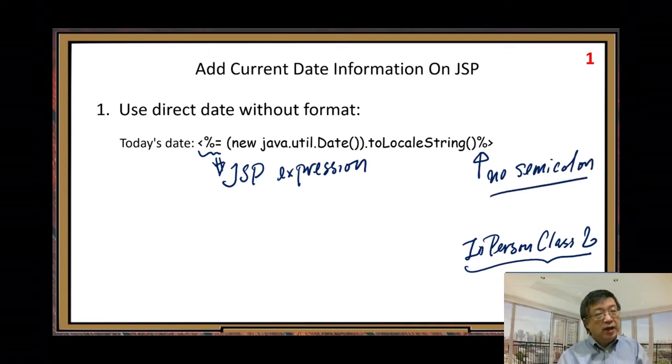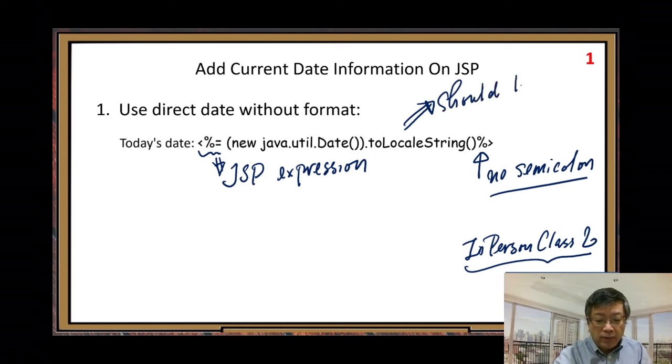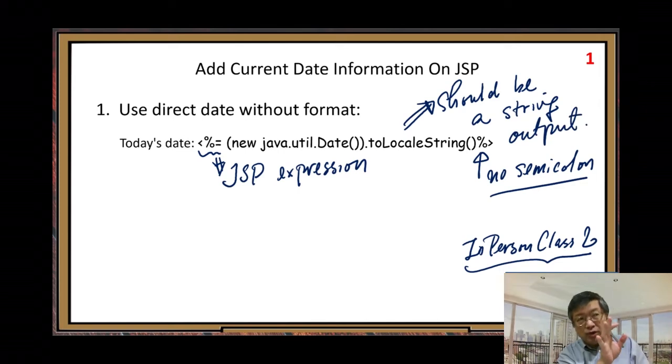Then there is another property: it should be a string output, because we want to see the output, right? But sometimes the expression may not give you a string output directly, then conversion.